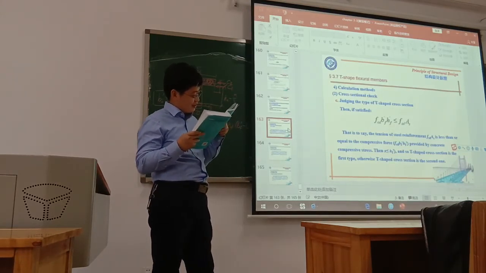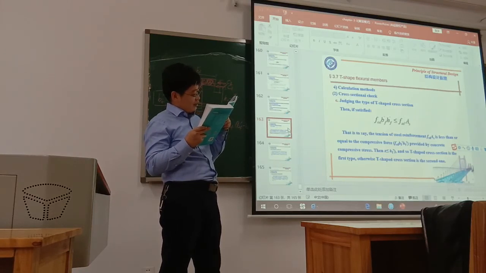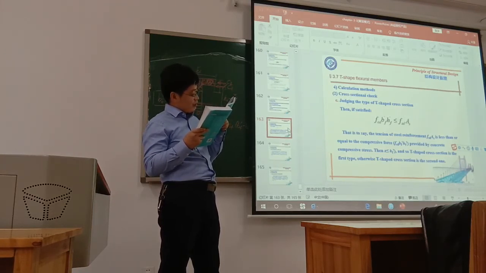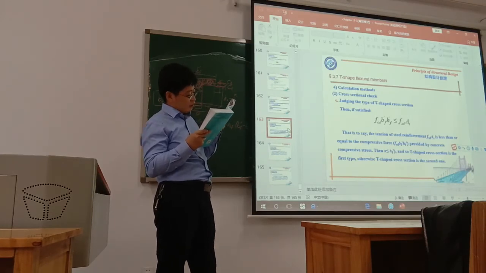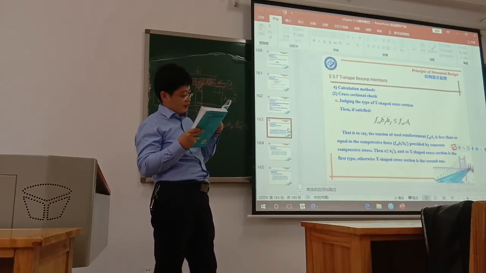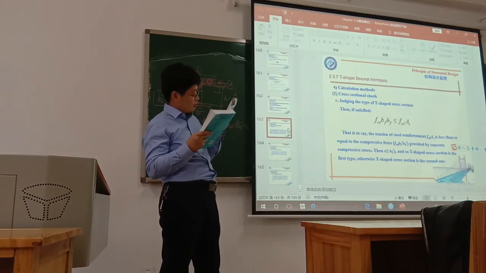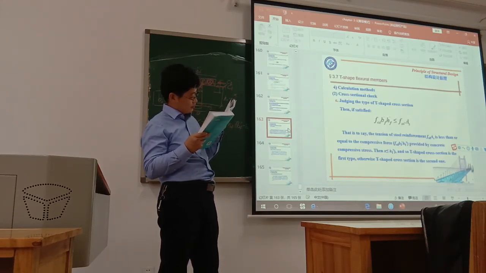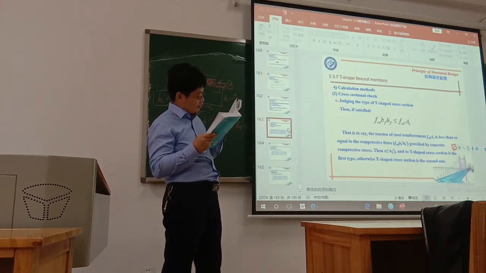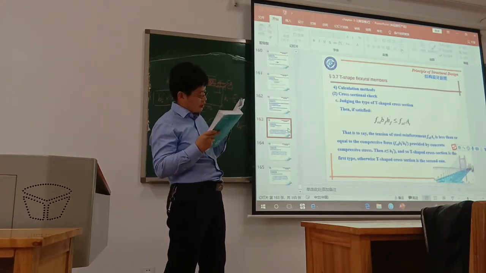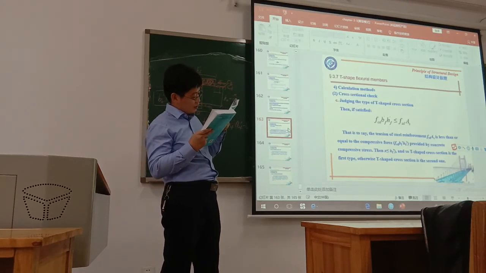The example is a prefabricated simply supported T-beam. Section height is equal to 1.3 meters. Effective flange width bf' equal to 1.6 meters. And C30 concrete, HRB 400 steel bar.